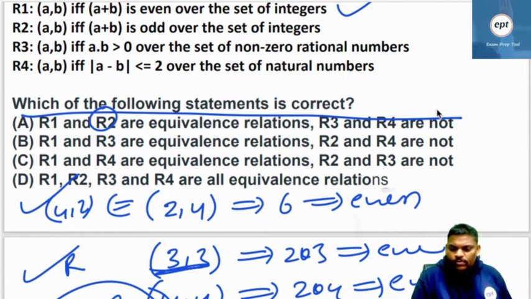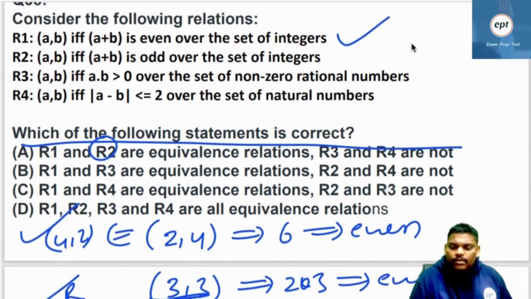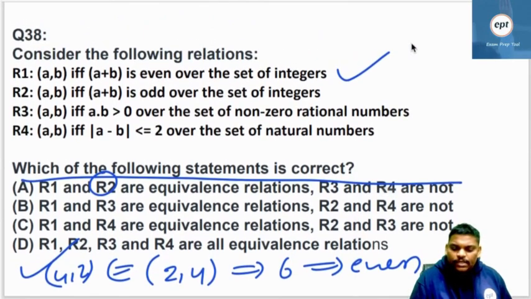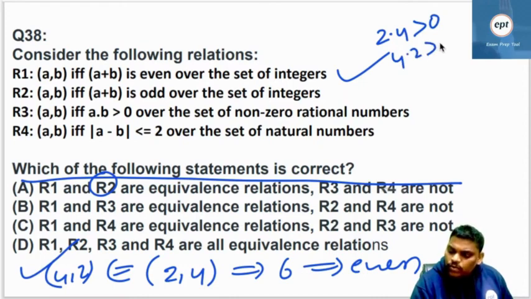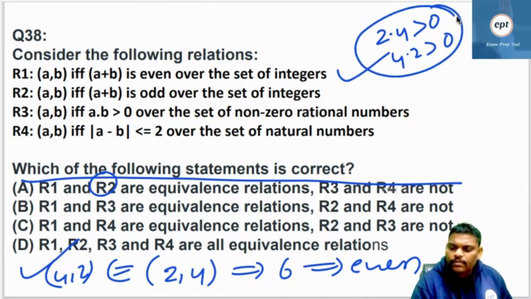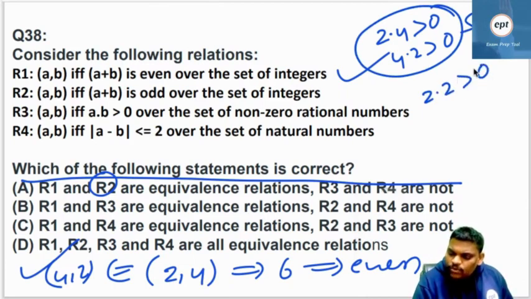Let's go to the next. Can you help me? Interesting one. Can you see this one? 2 into 4 is greater than 0. Then 4 into 2 is also greater than 0. So symmetric. Next one. 2 into 2 is greater than 0. So reflexive.